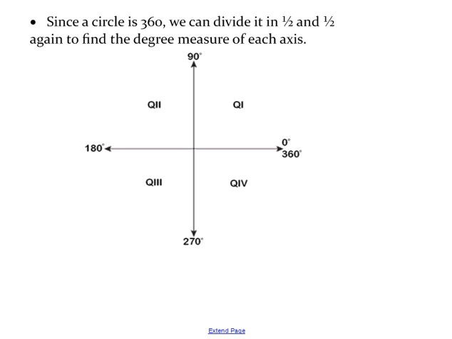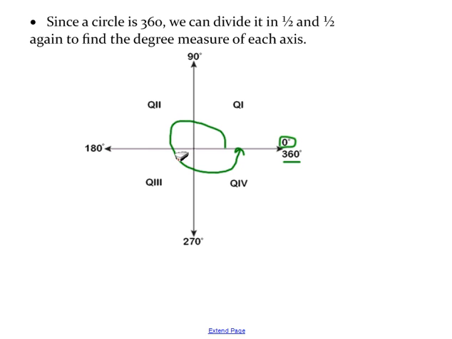Since a circle is 360 degrees, we can divide it in half and half again to find the measure of each axis. So what I mean by this, if we're starting here, notice how this is 0. 0 is always starting on the positive x-axis. So if I go all the way around, I know a circle in degrees is 360, which is why I have that labeled there.